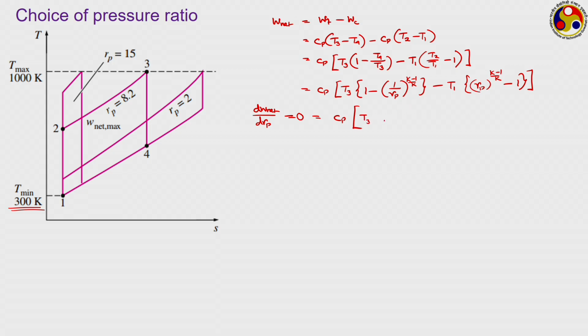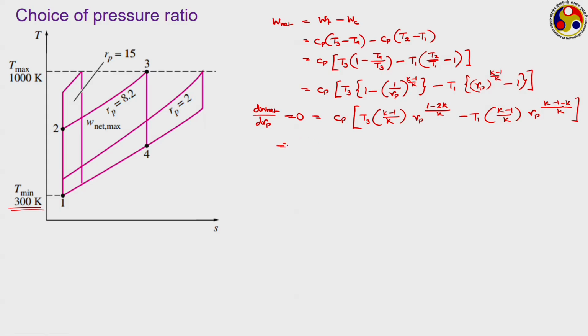So, T3 into it becomes k minus 1 upon k into Rp to the power 1 minus 2k upon k, that is for the first part. Similarly, for this part we have T1 into k minus 1 upon k into Rp to the power k minus 1 minus k upon k.